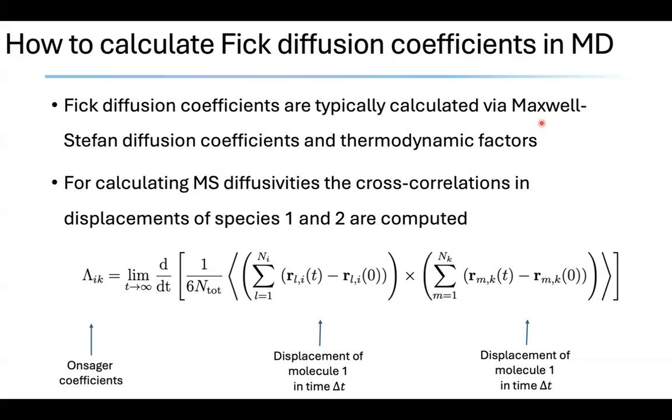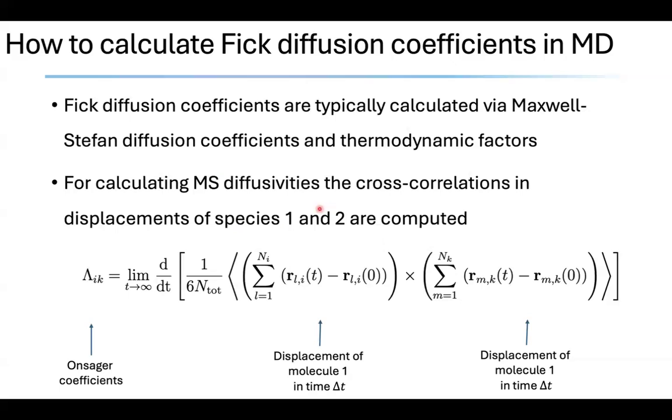Once the Maxwell-Stefan diffusivity and the thermodynamic factors are calculated, the product of the two is then the Fick diffusion coefficient, which depends on the pressure, the temperature, and the mixture composition. Thus, the first step is to calculate Maxwell-Stefan diffusivities.